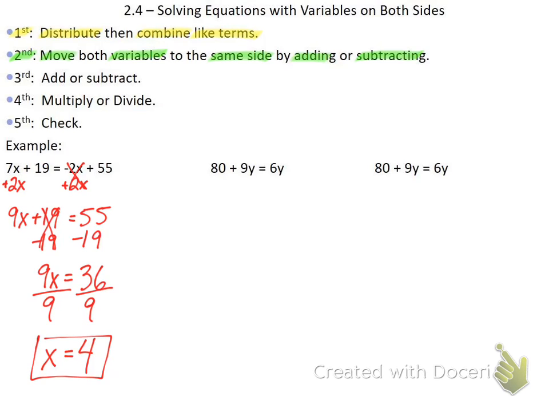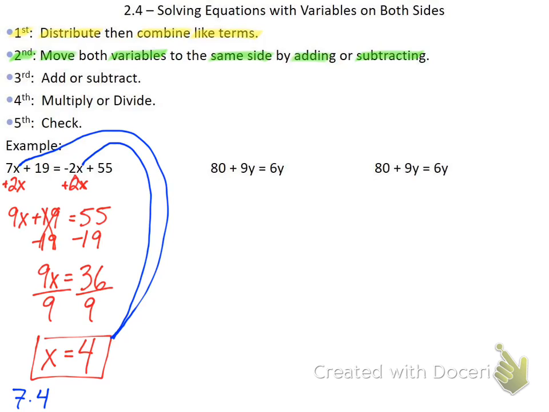Again, I can always take this and plug it into both sides of my equation, so I can grab the 4 and plug it in for both of my x's. When I do that, I have 7 times 4 plus 19 is equal to negative 2 times 4 plus 55.